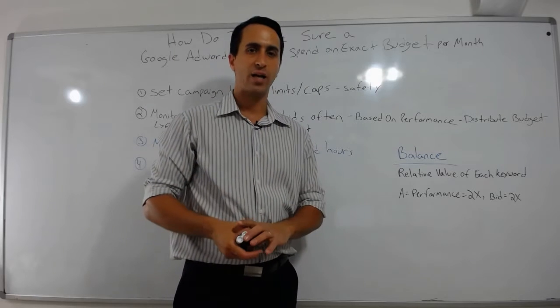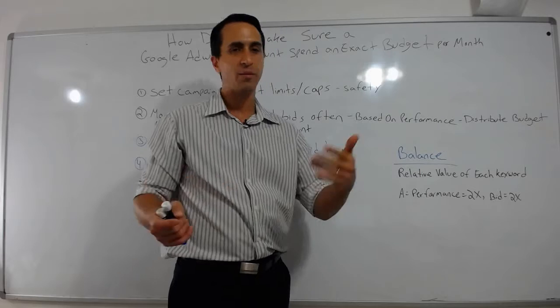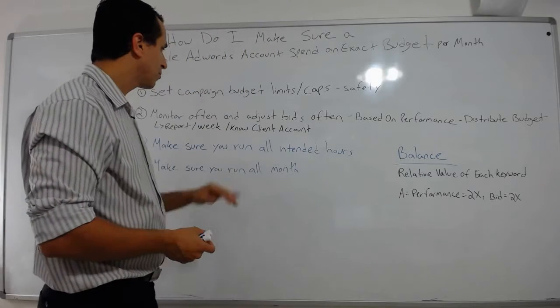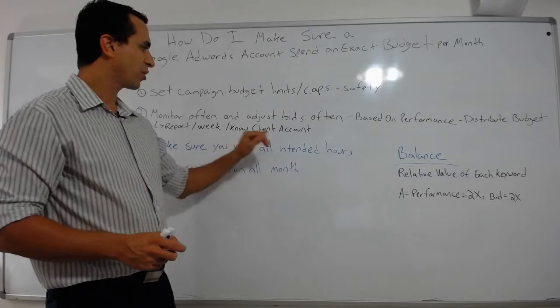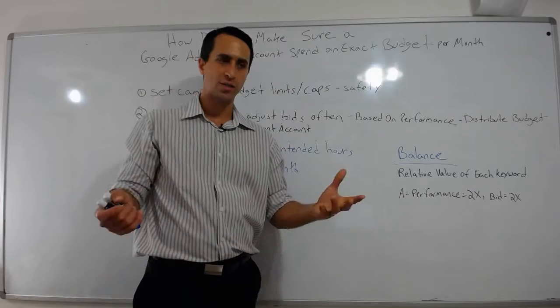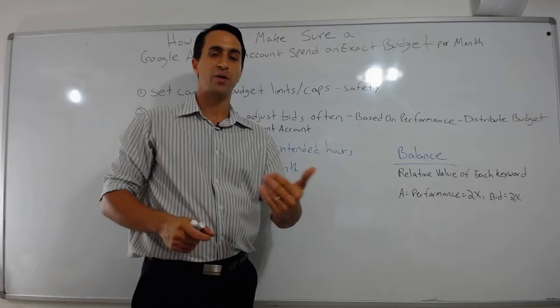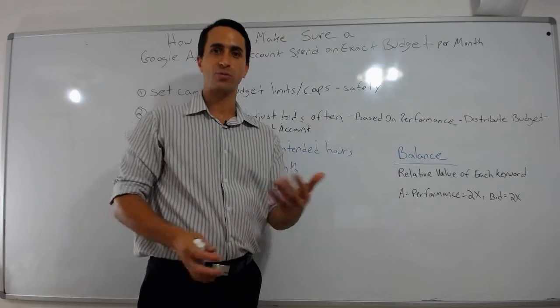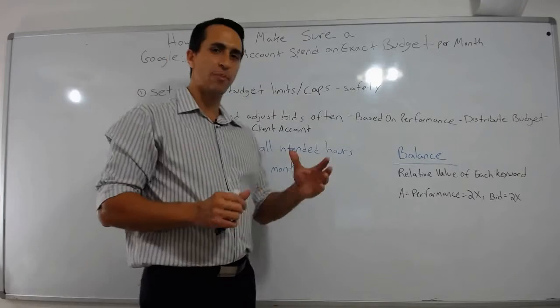Obviously, take into account holidays and seasonality, like 4th of July, Mother's Day, things like that. By being in the account often and adjusting often, you're going to know the client account and know how it works. So maybe you'll be under budget by Thursday, but you'll make up for it over the weekend because that's when the traffic increases. That's the kind of adjustment you're going to have to make.